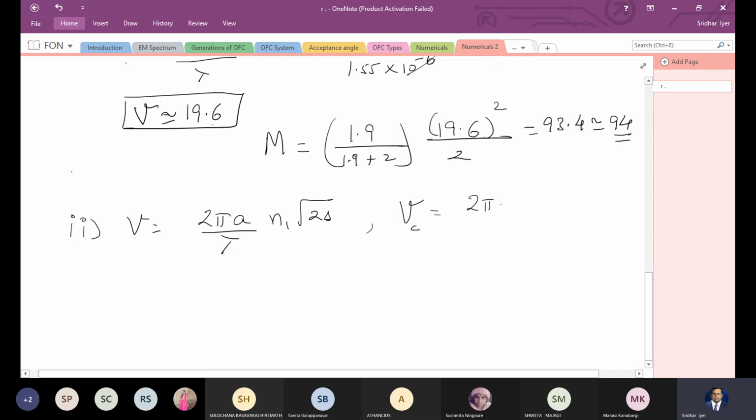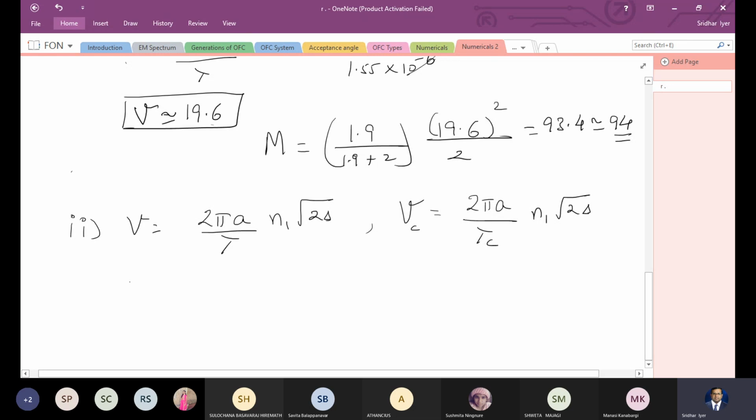This will be 2 pi a divided by lambda C, the cutoff wavelength, n1 root 2 delta. Right? This is the value of the cutoff normalized frequency.